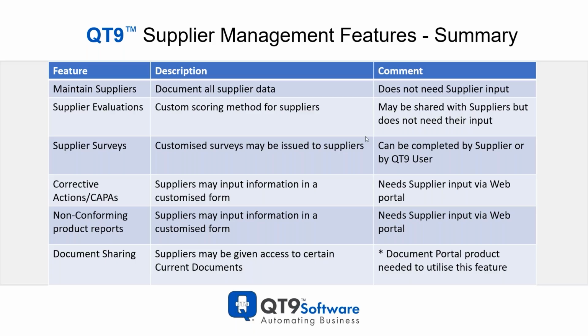We have supplier evaluations and surveys. We have CAPA and non-conforming products integration, and the process is the same for both. We'll be walking through the CAPA in detail. Finally, we have document sharing via a document portal, which is accessible by the supplier via their supplier web portal. Just to note that only documents assigned to the supplier may be viewed in this portal, and I will show you this in a real-life case.